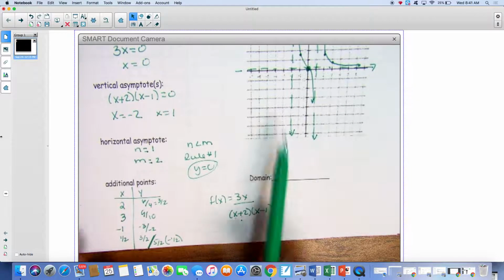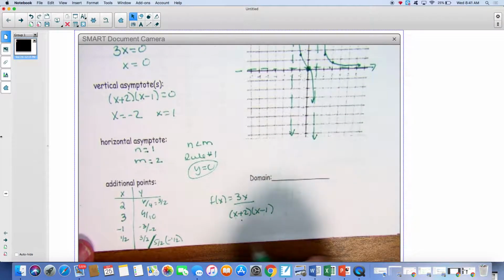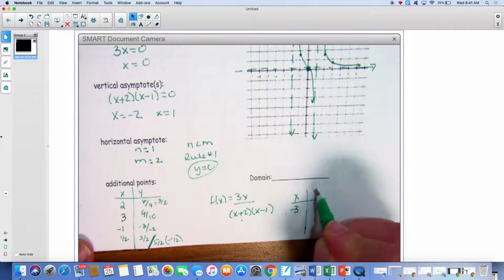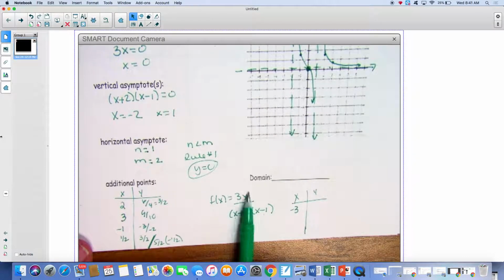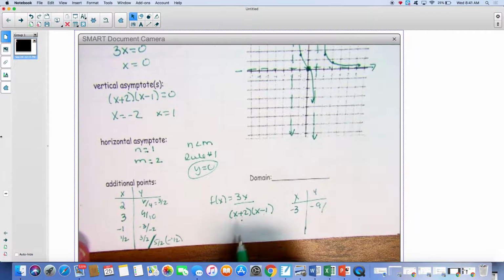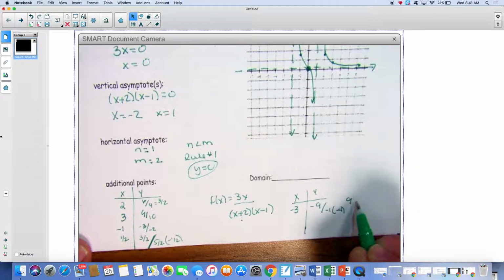And then on this side, let's plug in -3. So when I plug in -3, what do I get at the top? -9. On the bottom, -1 times -4. So we get -9/4.